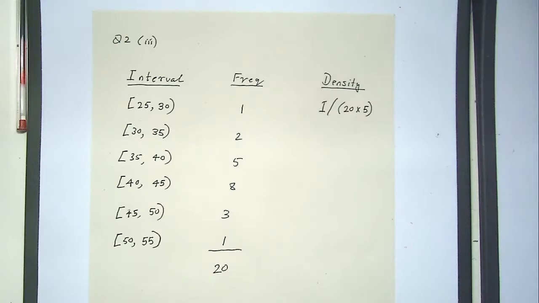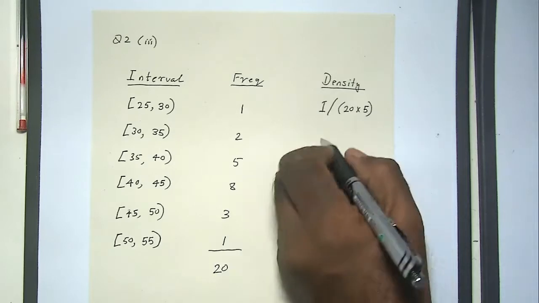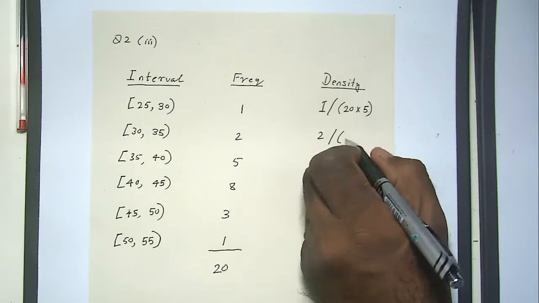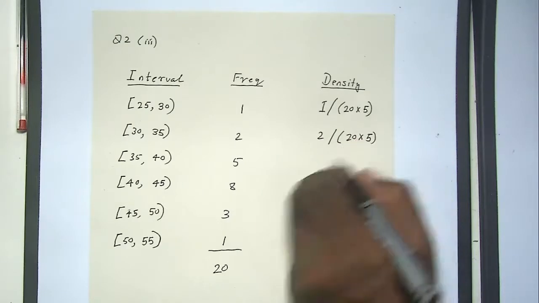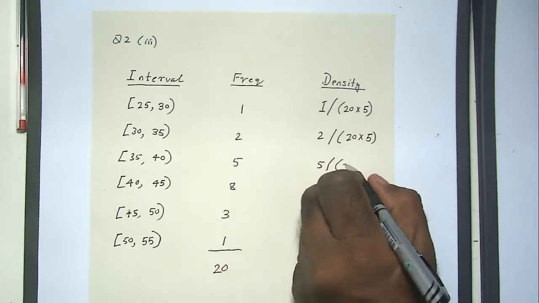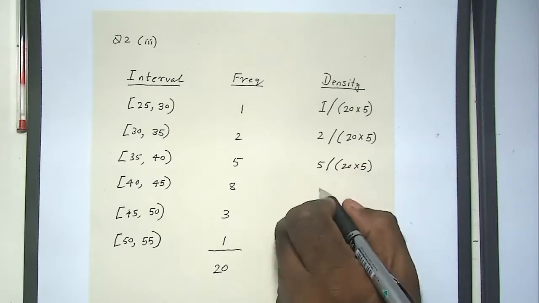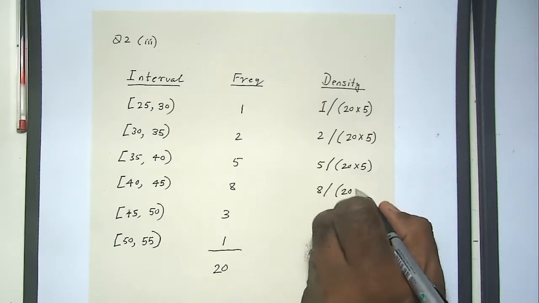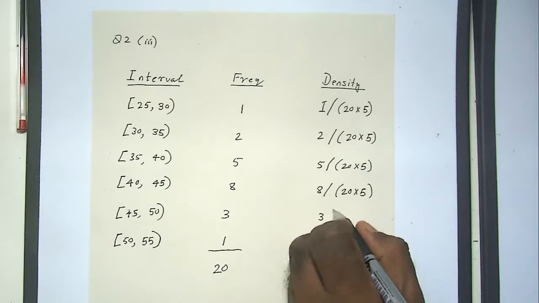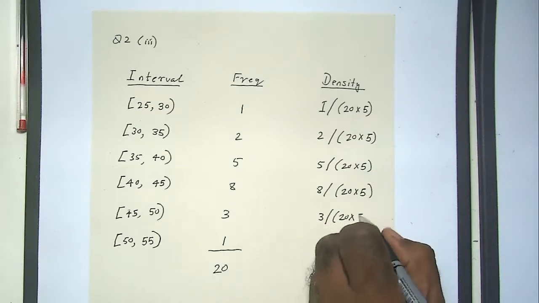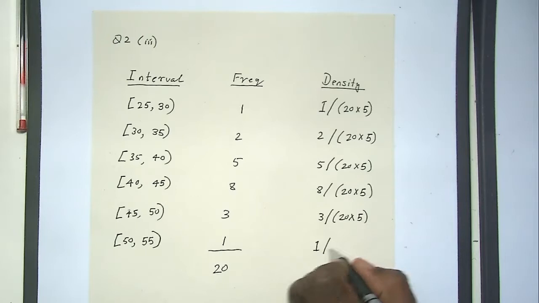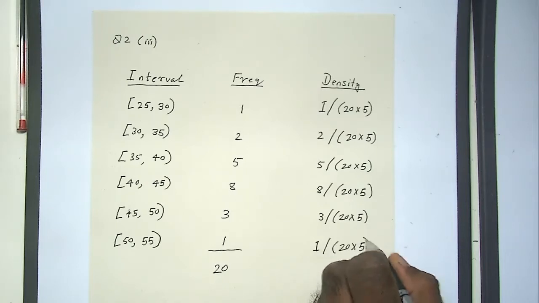You have to divide by the total number of data multiplied by the length of each interval, which is 5. Okay, so that gives you the density.